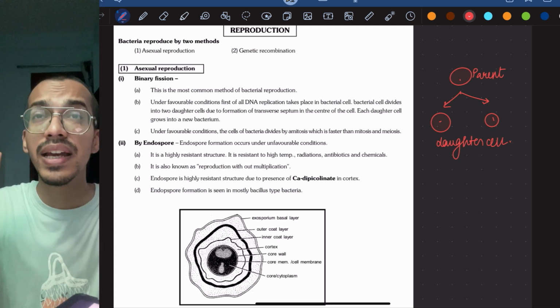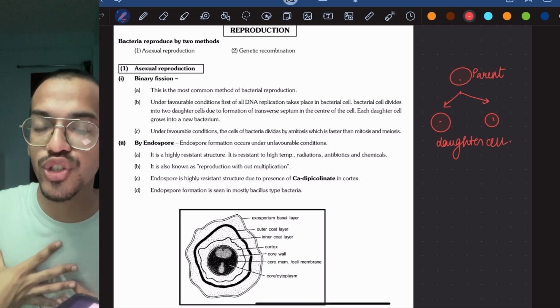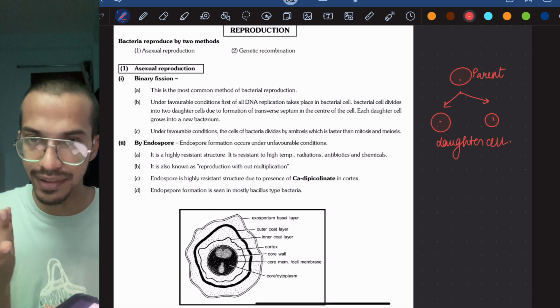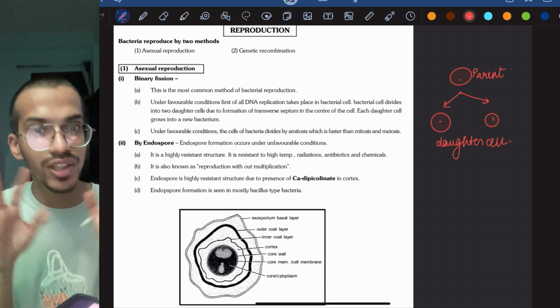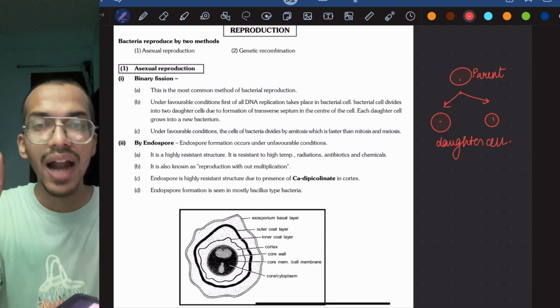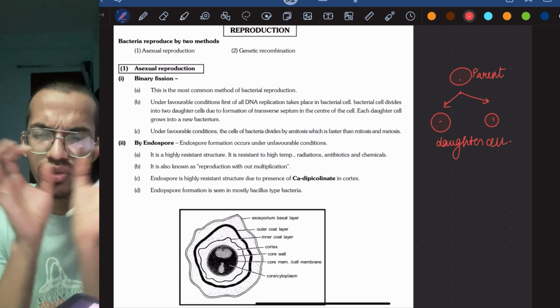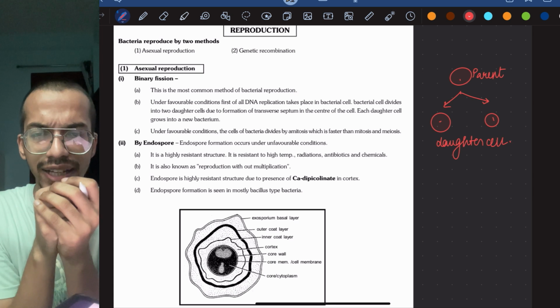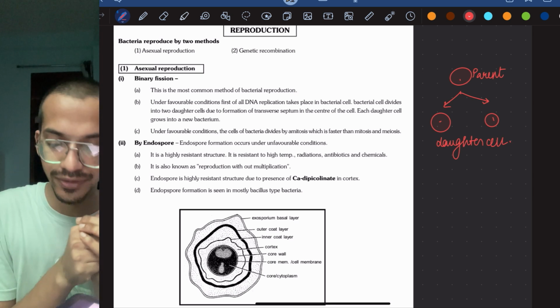What it does is reduce its metabolic activities, meaning whatever reactions are happening, it will stop them, because reactions require energy. Remember, catabolic and anabolic reactions both take place in the body and require energy. So the bacterium stops that, reduces its water, dehydrates, comes closer together instead of taking up space, and makes a protective layer around itself.